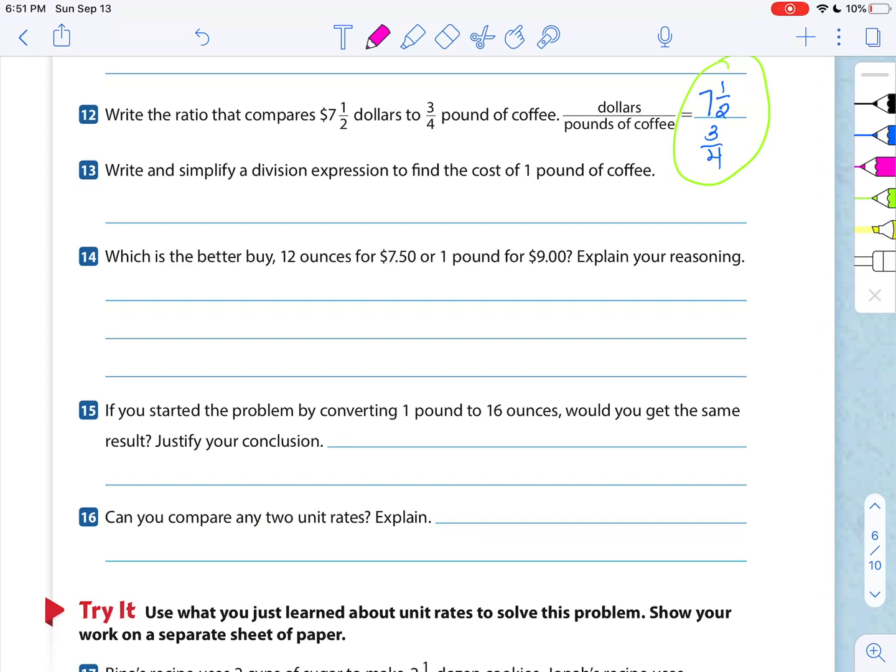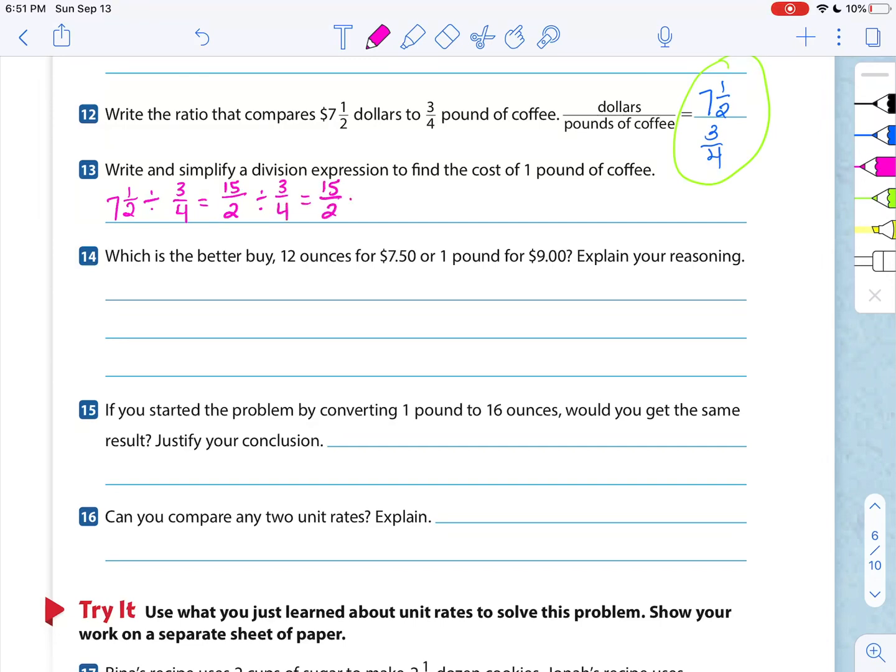So what this problem wants you to do is take the complex fraction from number 12, and we're going to write it horizontally. 7.5 divided by 3/4. We need to change that mixed number to improper fraction so we can divide. 7 times 2 plus 1 is 15/2. Divided by 3/4.